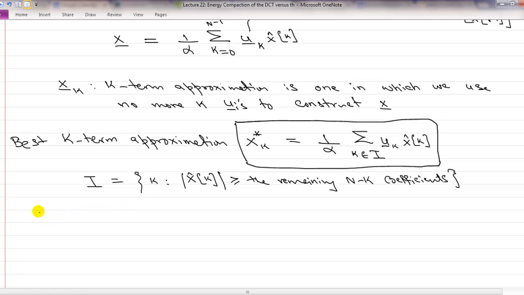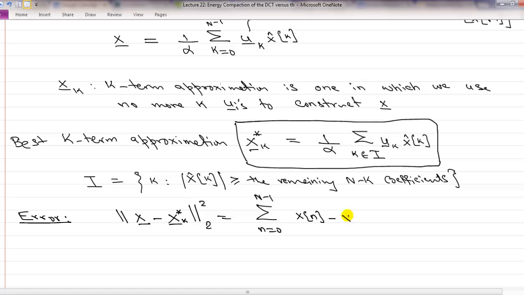And then you measure the error, for example, the error between x vector minus x star of k vector. This is an n-dimensional vector. The 2 norm squared, which is simply equal to the sum from n equal to 0 to n minus 1 of x of n minus x star k of n, absolute value squared. Okay.